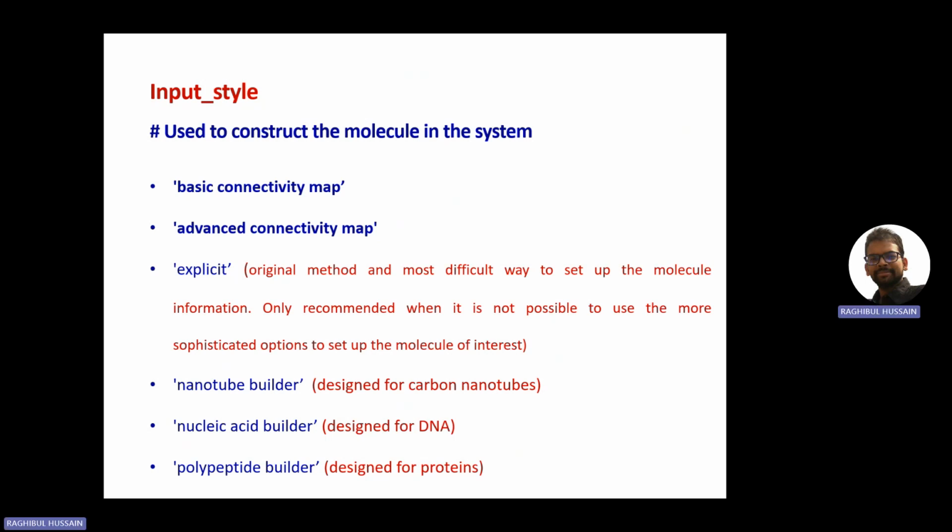For normal organic molecules, we generally use the first two: basic connectivity map or advanced connectivity map. Both are 90 to 95% similar. And these are the spatial types, for your DNA, proteins, and carbon. So we will discuss how to make the molecule using the basic connectivity.